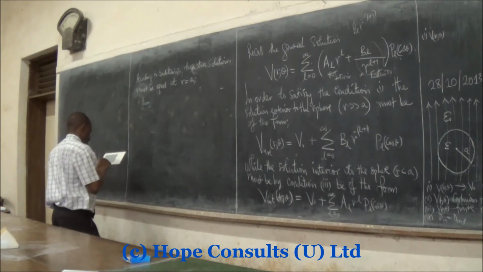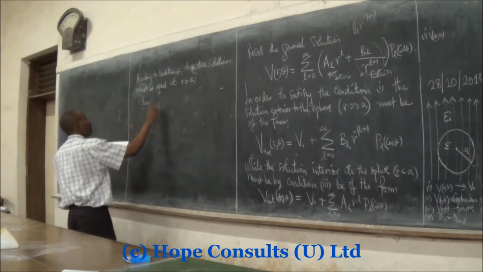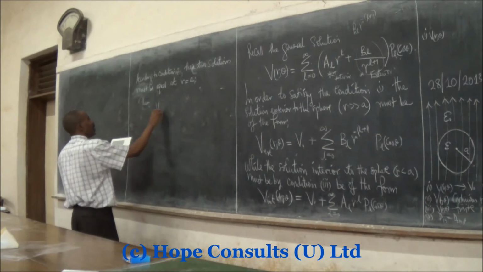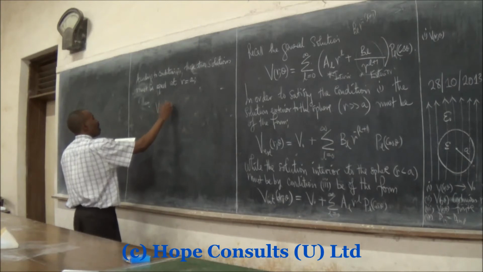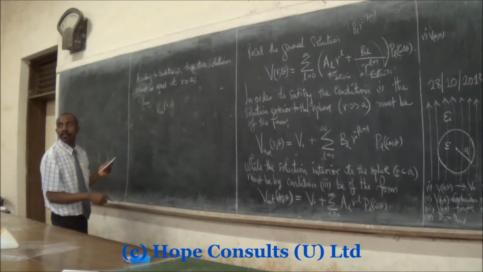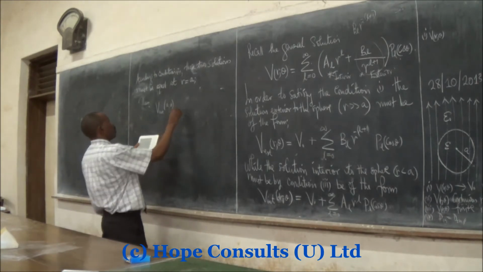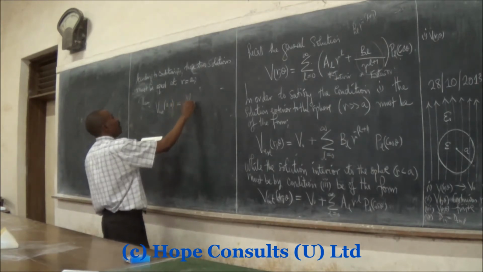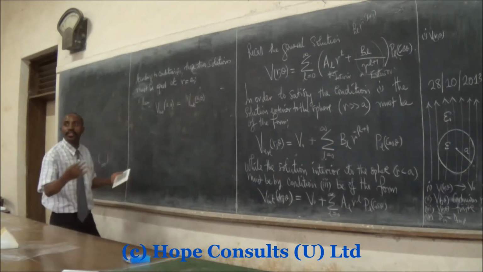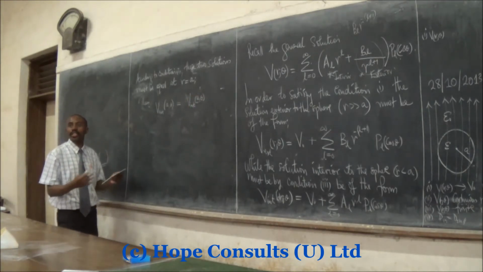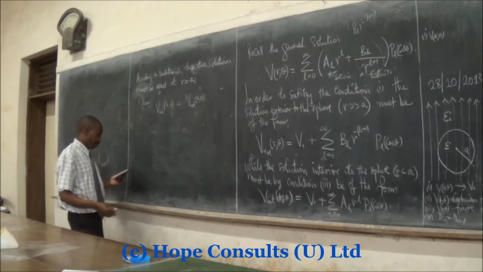Then we would have that V exterior at r equal to a and theta, so instead of r I'm putting a because I'm at the surface of the sphere, would be the same as V interior(a, theta). This is just an expression to show you that the interior is equal to the exterior because there is continuity across the interface.